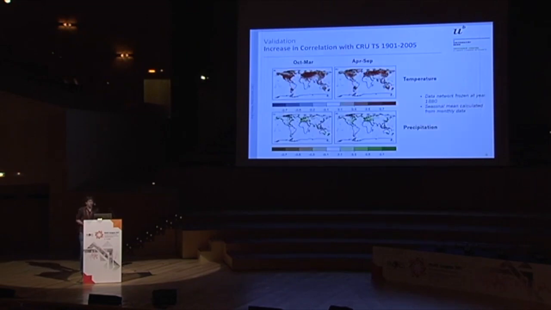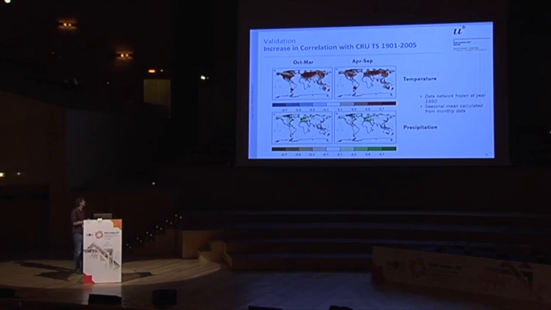Still, if we look at correlations, and this is just the increase in correlation between the original model simulations before the assimilation and CRUTS, so the increase that the assimilation brought to it. The original model simulations already correlate with instrumental measurements because they have the forcings included. So this is just what was gained by the assimilation here.